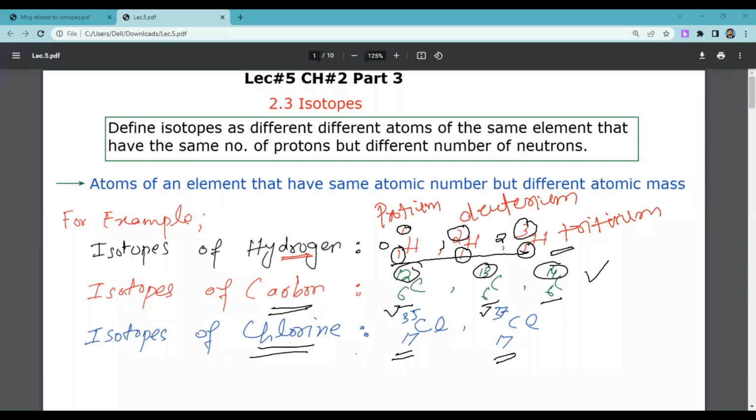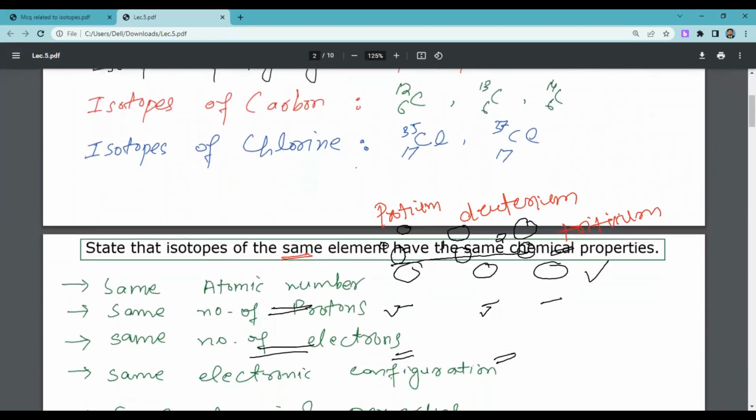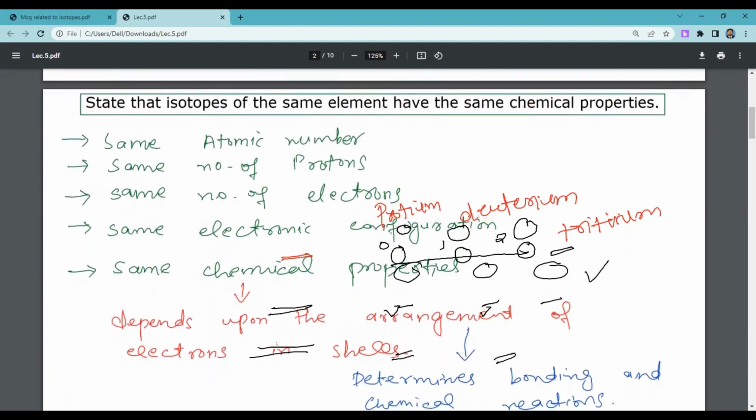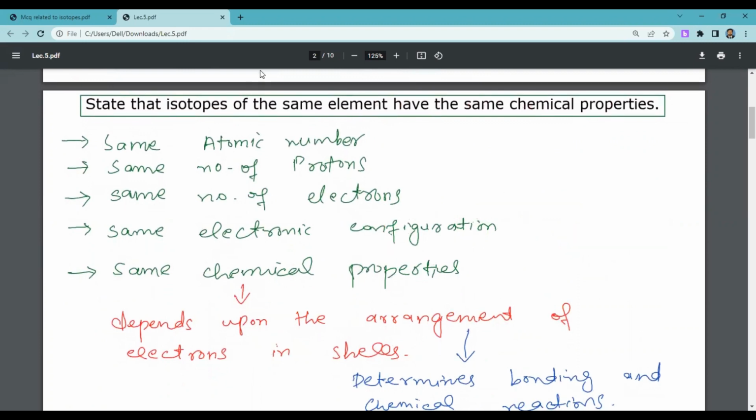Let's move further. Now, this is provided in our course content that isotopes of the same element have the same chemical properties. We also know that isotopes have the same atomic number.